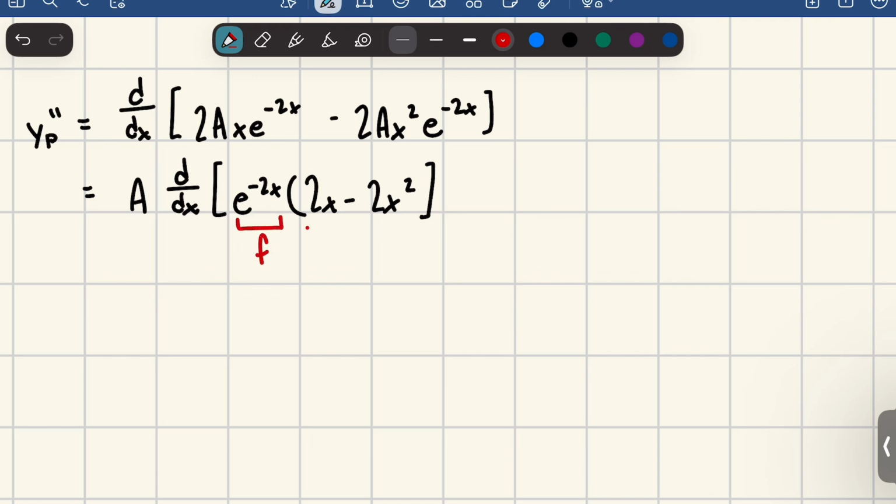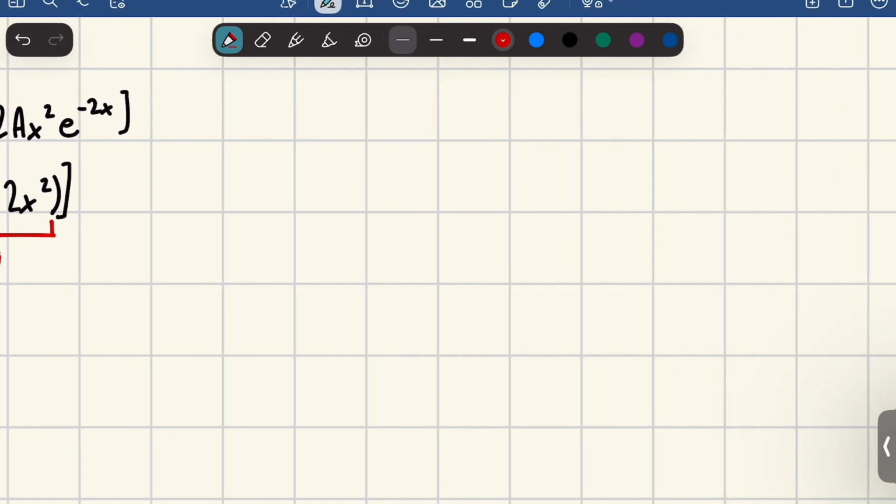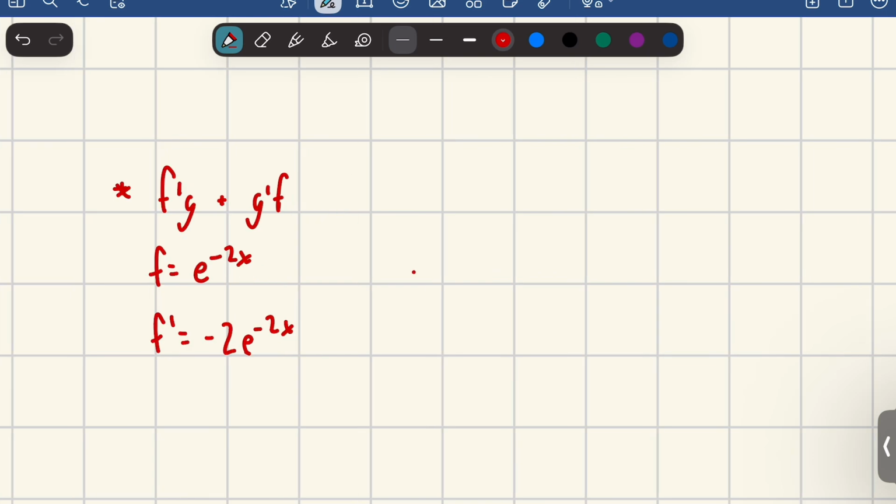So another product rule. Yippee. I think it was e to the negative 2x. f prime is negative 2 e to the negative 2x.